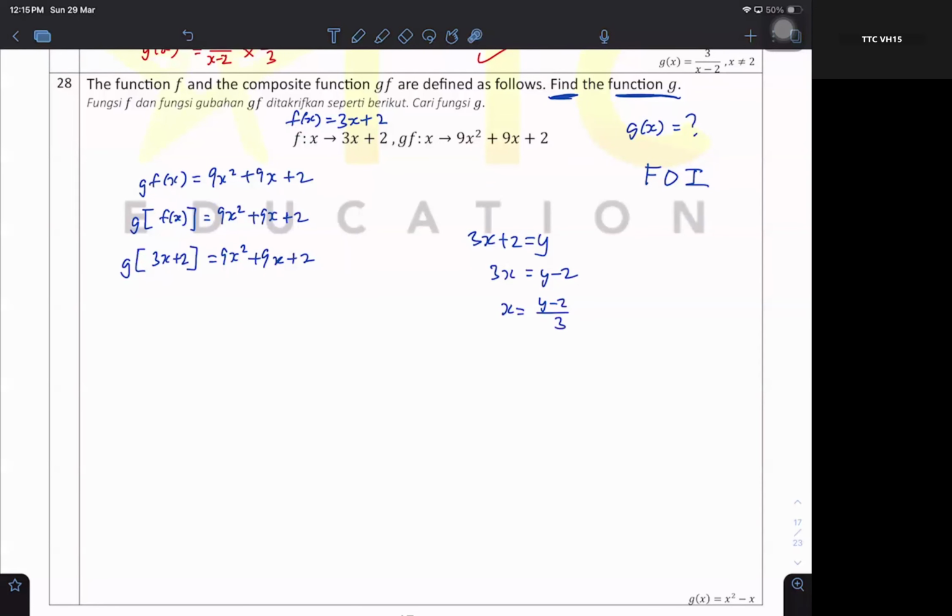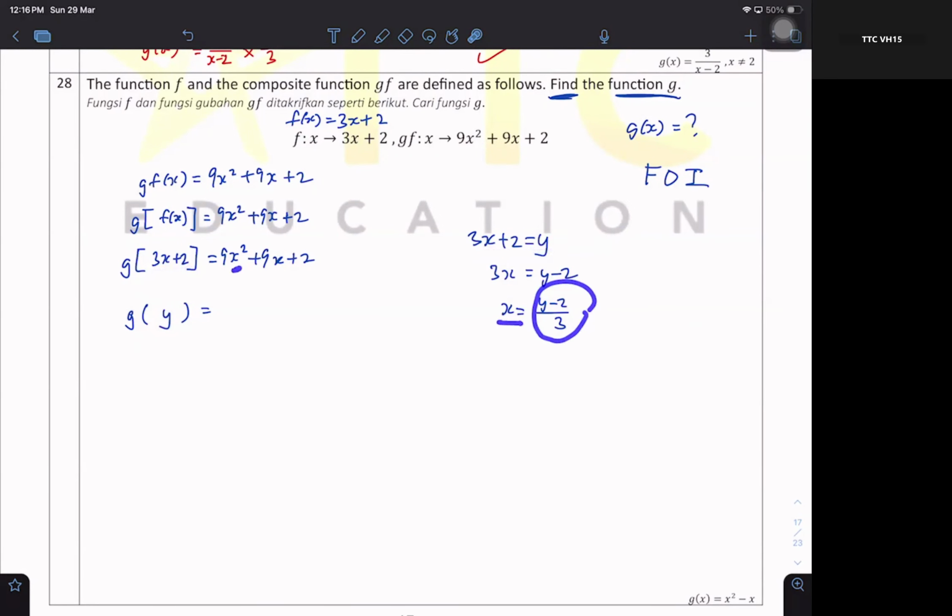Okay, so after you finish doing the inverse, you come back to here. What should you write? You should write g bracket y, because 3x plus 2 equals y. So the 3x plus 2 becomes y. Then the x becomes y minus 2 over 3.